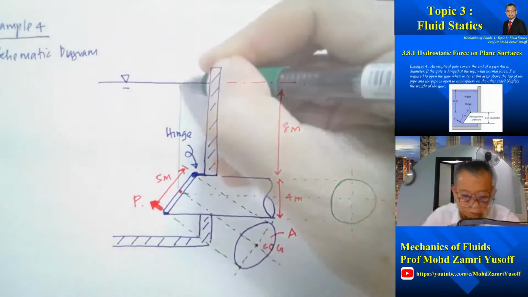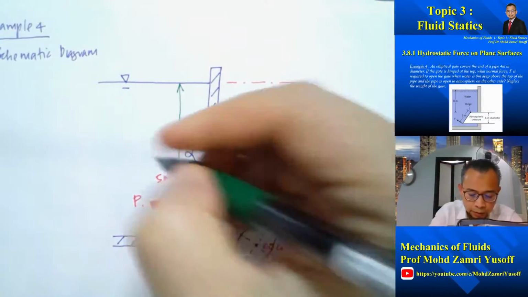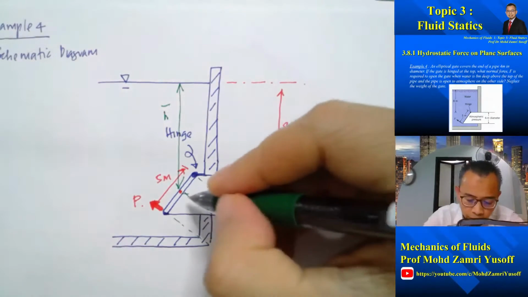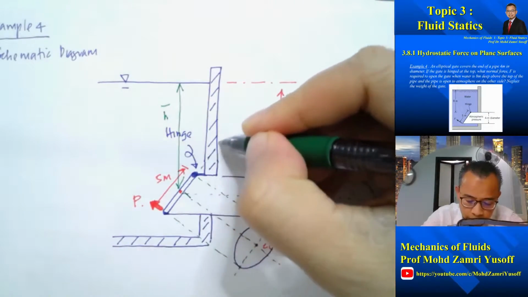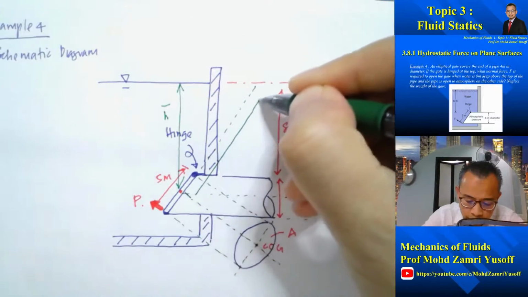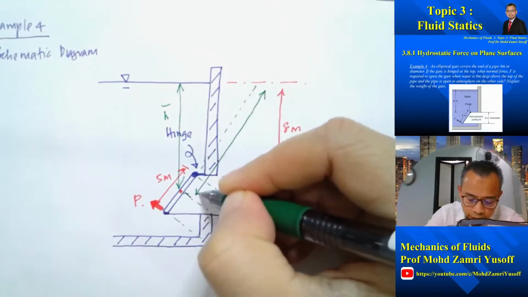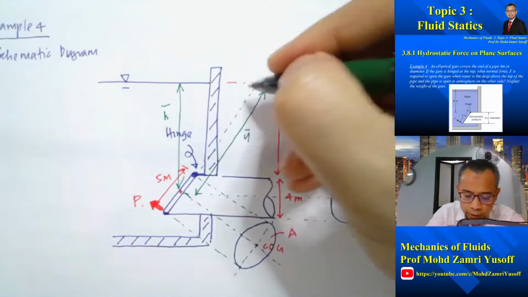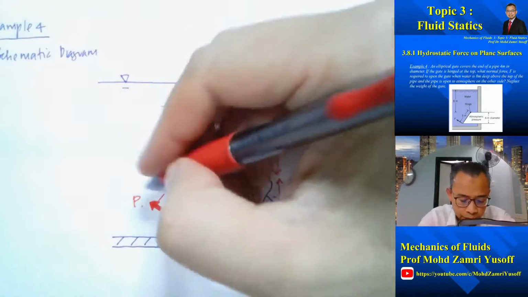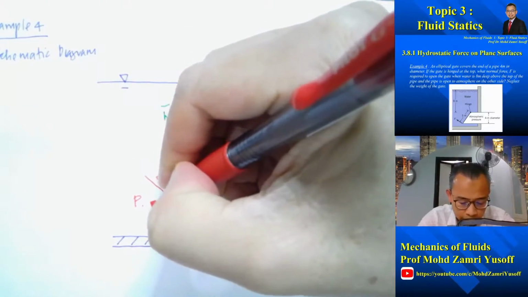So our H bar is that distance there, and our Y bar is this distance here. This is our Y bar, and this is our theta. The hydrostatic force will be acting slightly below the COG, so it will be acting there.